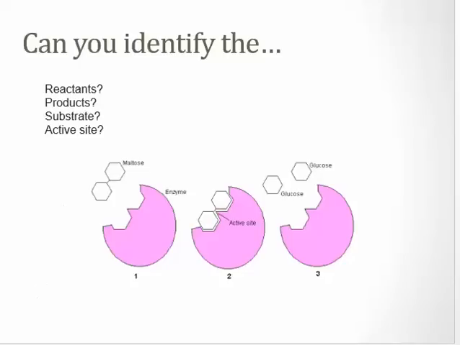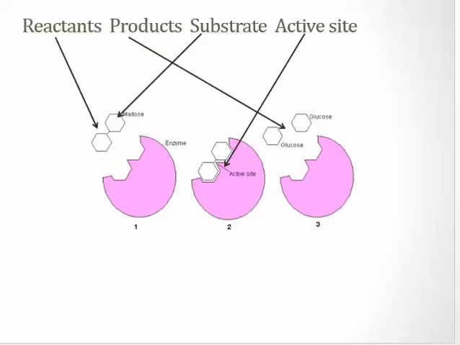So in this picture here, this is kind of a basic diagram. Can you identify the reactants? You see the active site, right? And what's the difference between reactants and substrate? Nothing. Remember, they're the same thing. The active site, and then your products are at the end. So here you go.